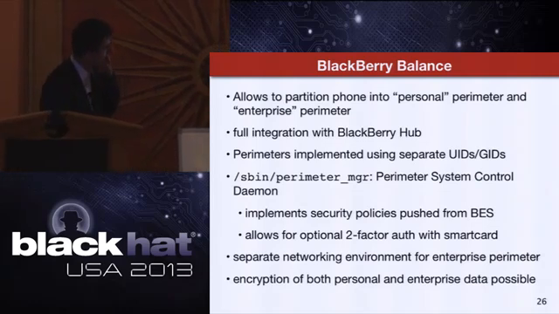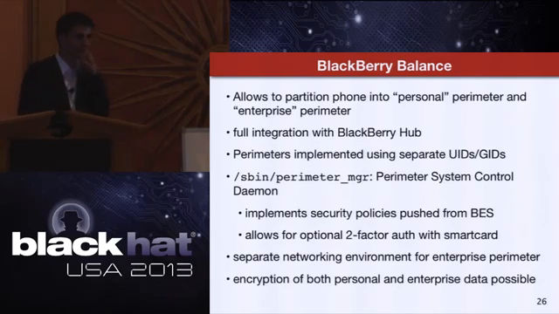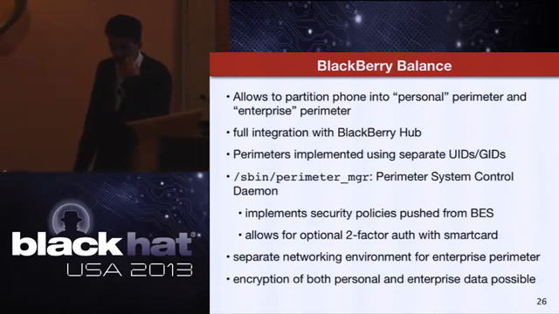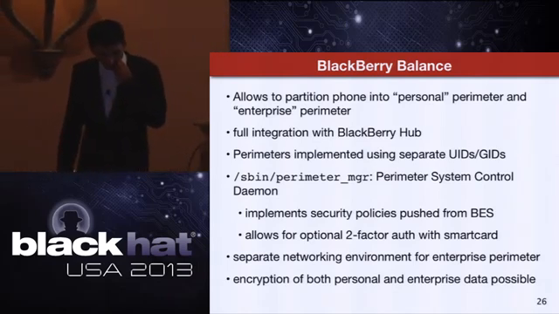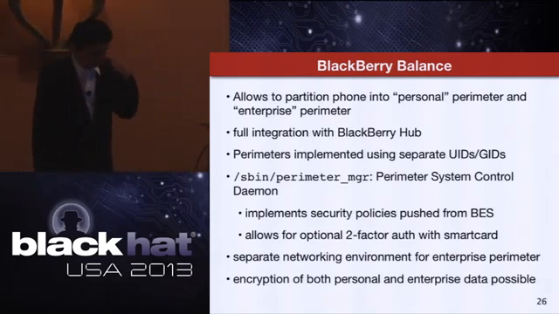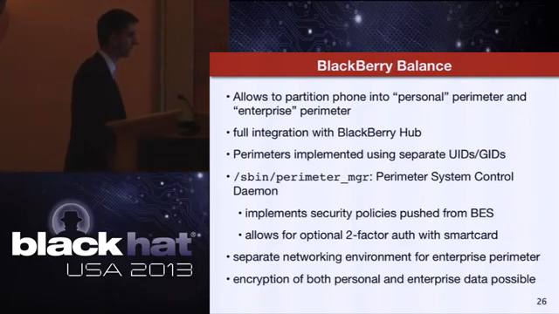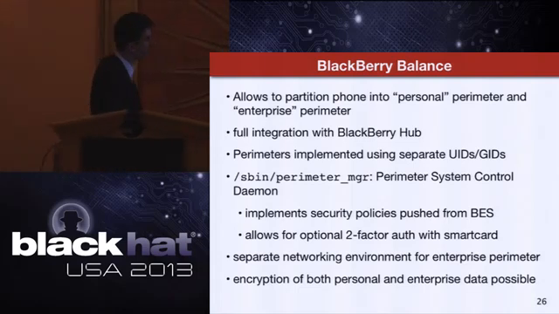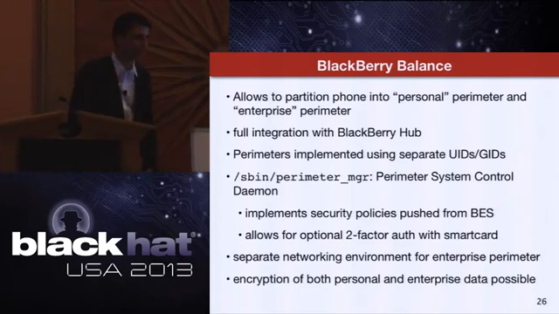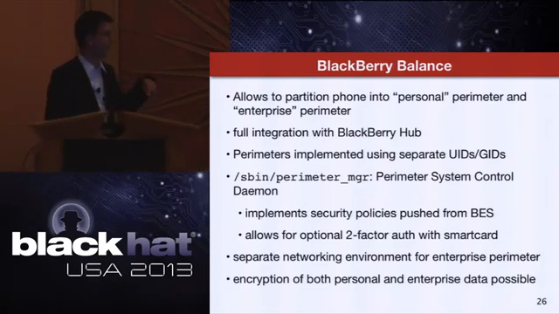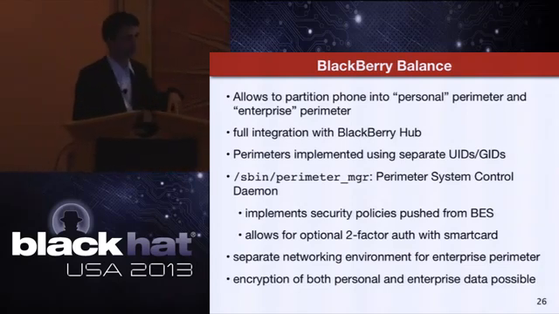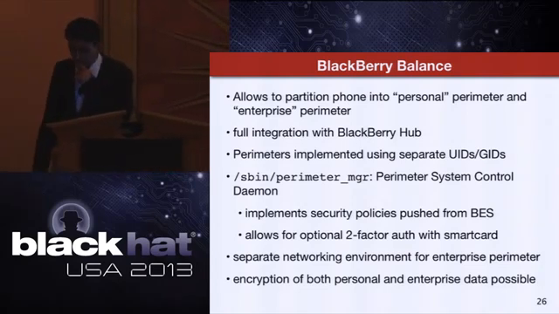But really, if it's sufficient to root the device, I don't know why you need a smart card. You also have separate networking environments for both the enterprise and the personal perimeter, and encryption of both the personal and the enterprise data is possible.